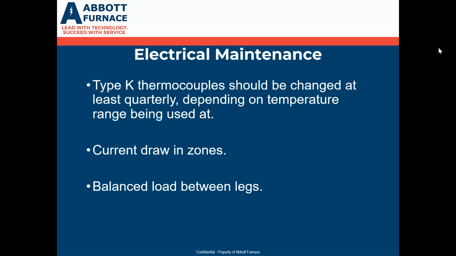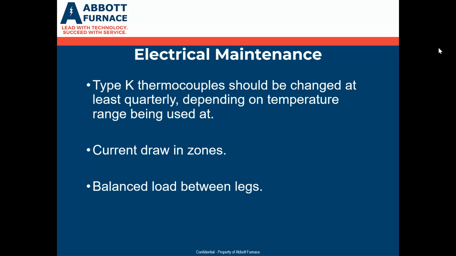If you find that zone's lagging in temperature, you could check the current draw to make sure you're getting the max current out of that zone that it's designed to handle. So what you could do is take the KW rating of your zone or the transformer. And if it's a 480 volt 3-phase zone, you can just do a simple math.